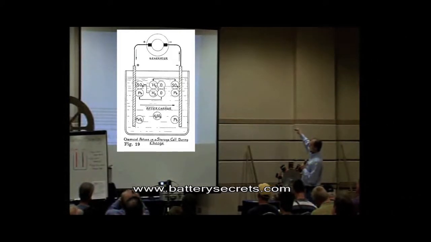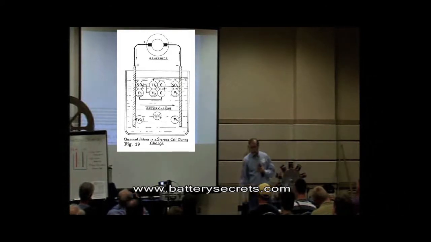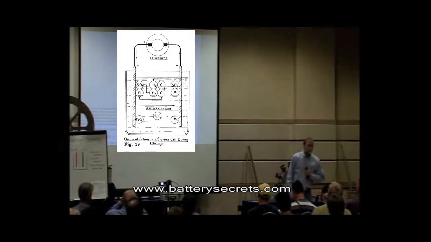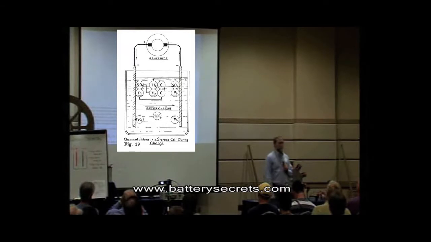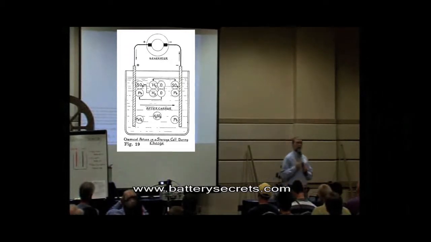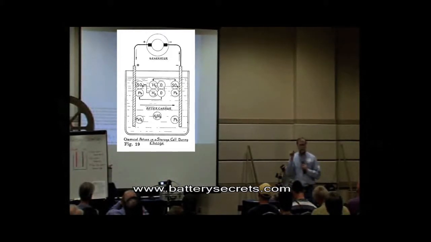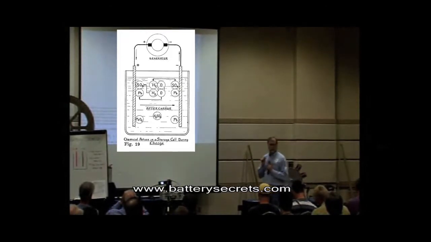When we take the battery to 14.7 or 15 or 15.2 or whatever the charger will allow, what happens is that, yeah, this becomes mostly lead oxide again, and this becomes mostly lead. But since we didn't finish the chemistry, there's a little bit of sulfate left on the plates. Just a little bit each time.